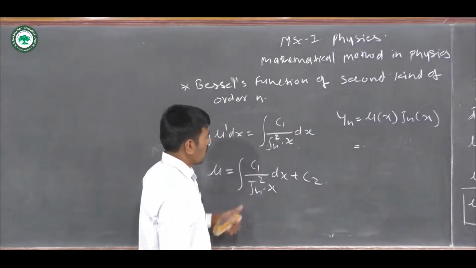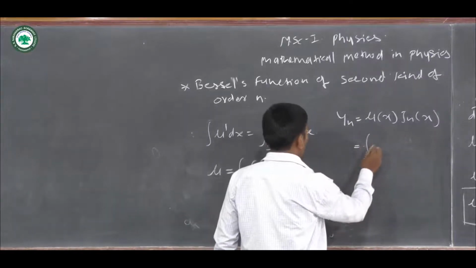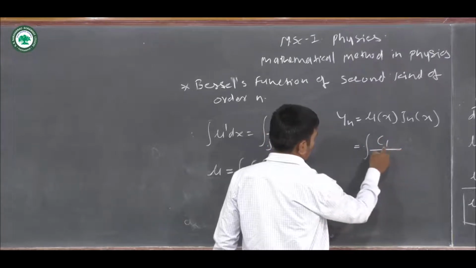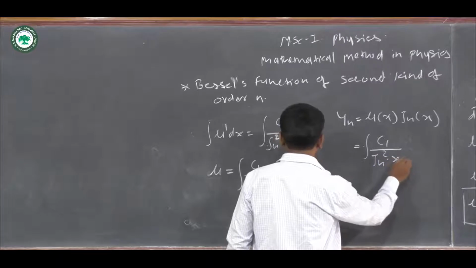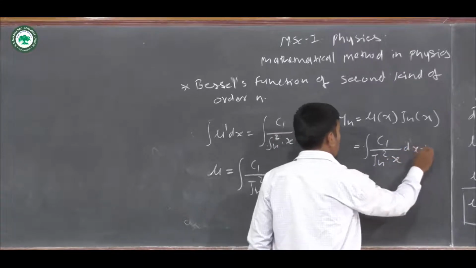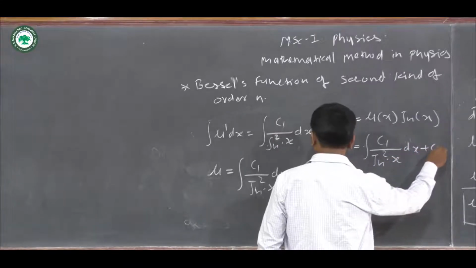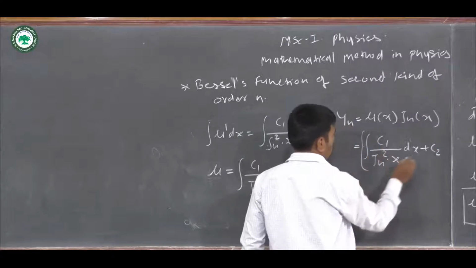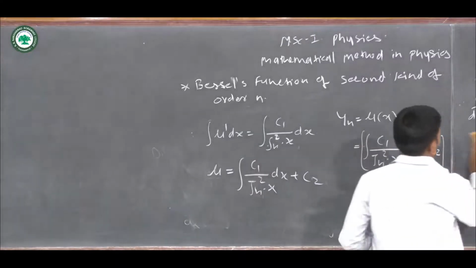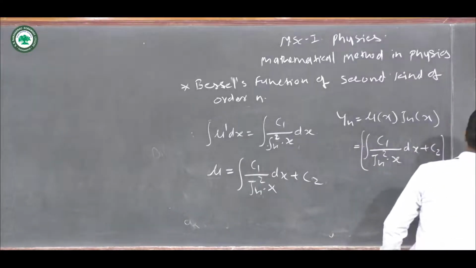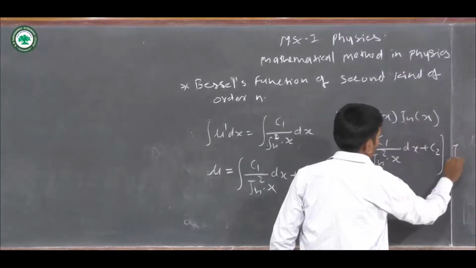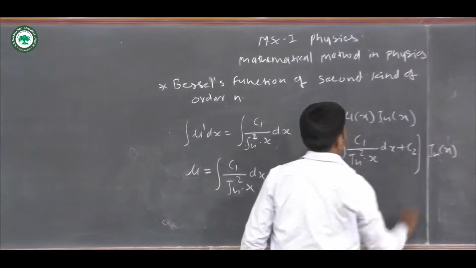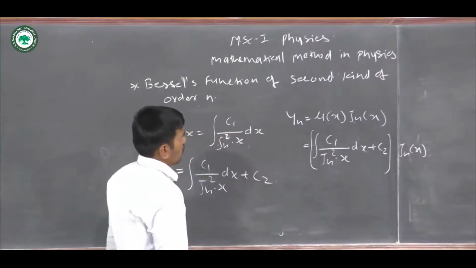So u we can write as the integral of c1 divided by J_n² x dx plus c2, and this is multiplied by J_n(x).